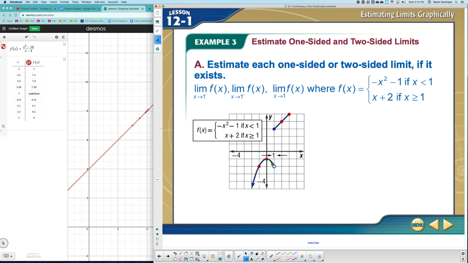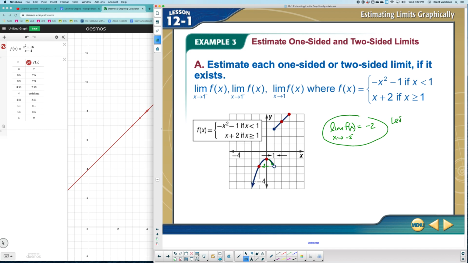From the left side, it's approaching this y value right here, which they haven't labeled, we'll label it a -2. Which means the limit of f of x as x approaches -2 from the left side, the y value it's approaching would be -2.